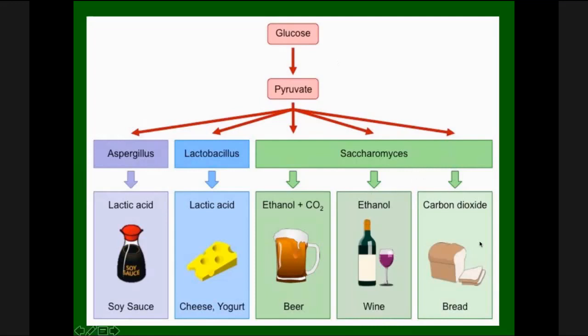As you activate the yeast in those anaerobic conditions in the mass of dough that you mixed up, they're going to yield carbon dioxide. And that carbon dioxide is the gas bubbles that cause your bread, or that dough, to rise. Anaerobic pathway. Same thing with the making of soy sauce or cheese. You're putting them in anaerobic conditions to force fermentation to happen.